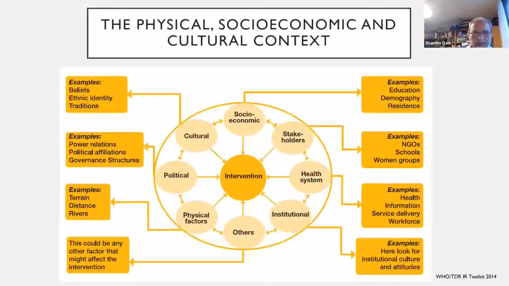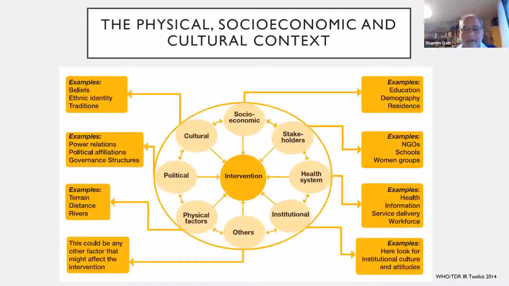I took this picture from that toolkit, which describes the physical, socio-economic, and cultural context, because these comprise various stakeholders and their interactions, the demographic and epidemiological conditions, the structure of health systems, and the role played by governments, non-government organizations, other providers, citizens, and community.